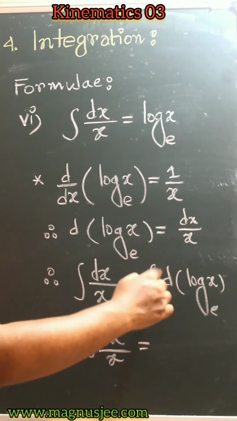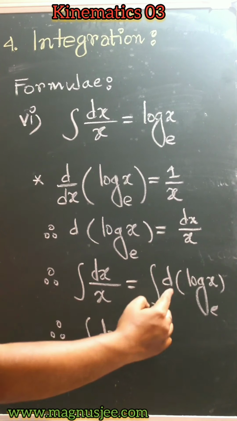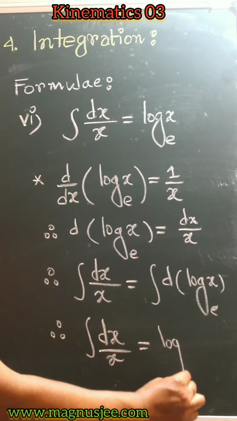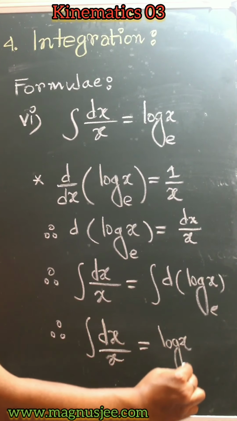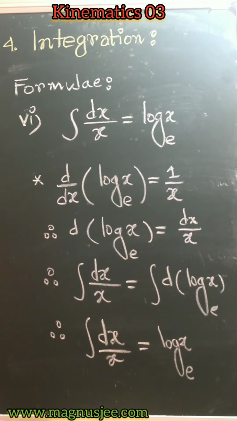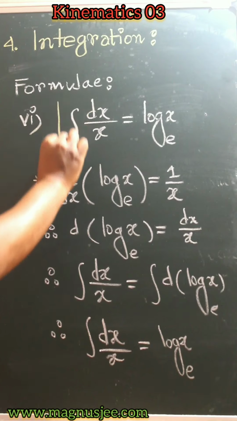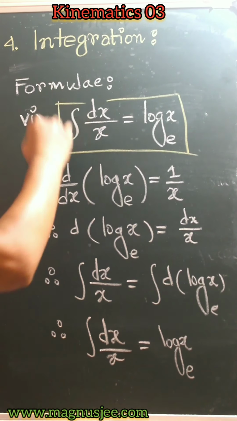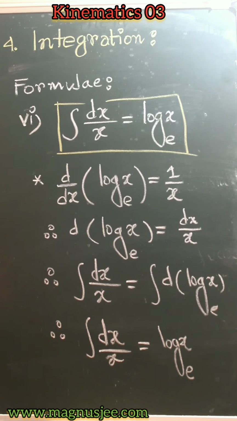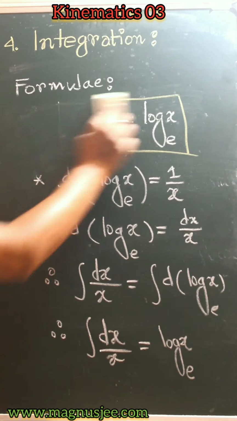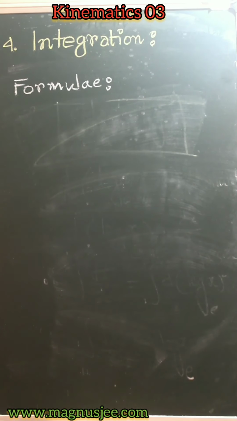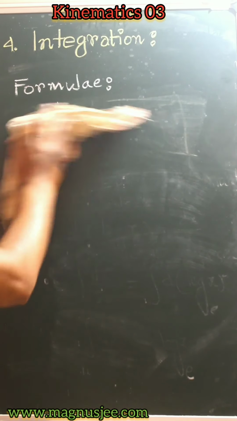Integration means addition and d means splitting, so integration and d will neutralize and we get only log x base e. So finally we get integration dx by x as log x base e or ln x. Now we have to move to the next formula.